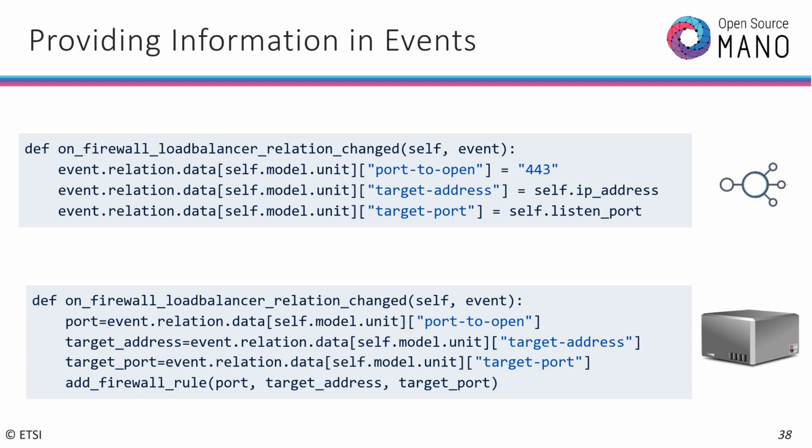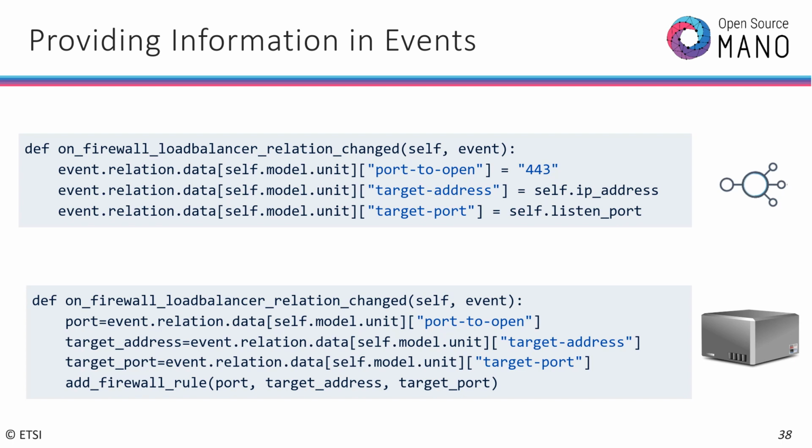So we're going to receive the event, and we're going to be able to put data in that event. And when this function returns, the Juju component of OSM will see, okay, there was a change in the data, so I need to fire this off as a relation changed event to the requirers of the relation.